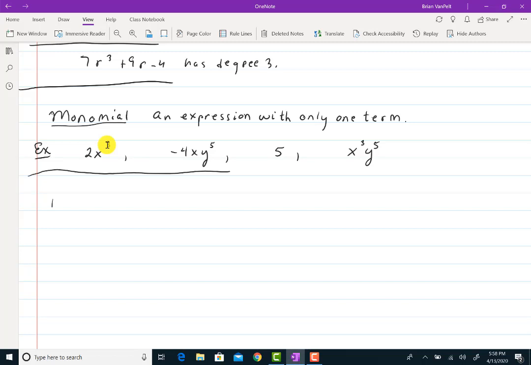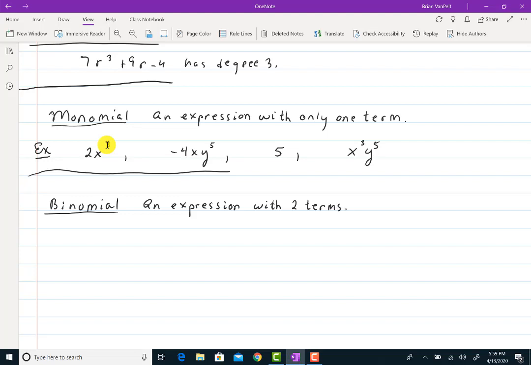Guess what a binomial is? That's an expression with two terms.